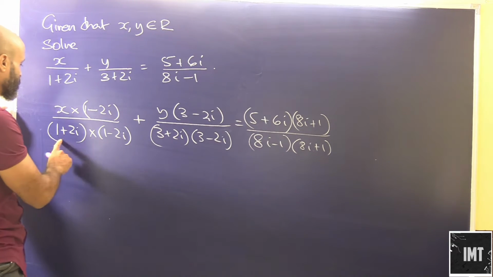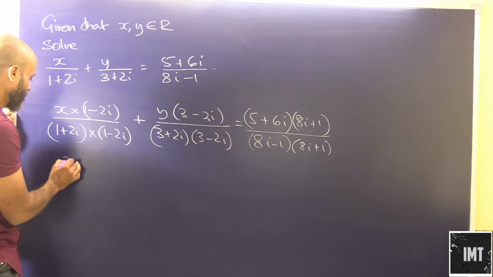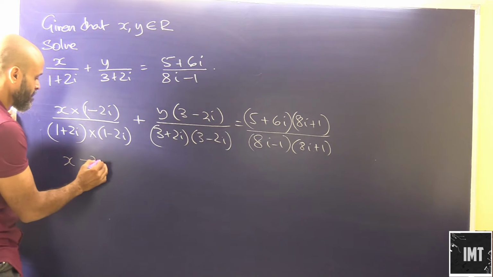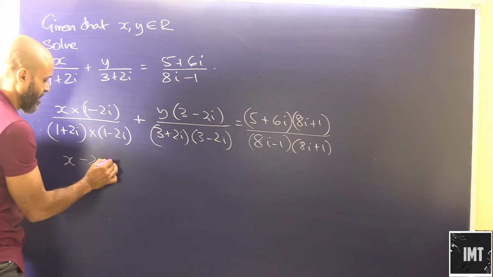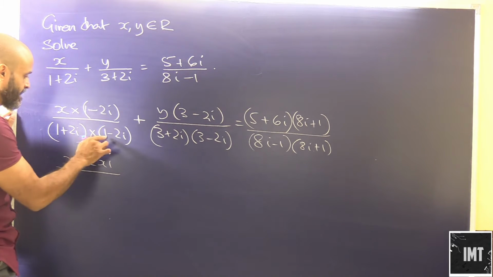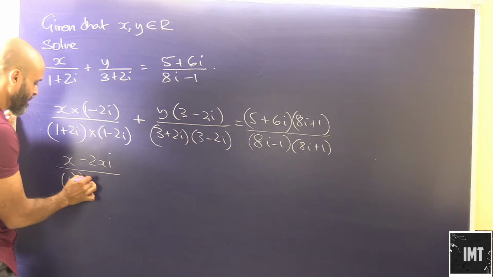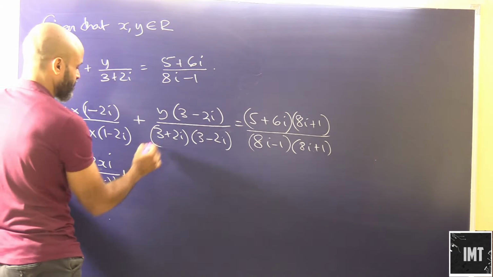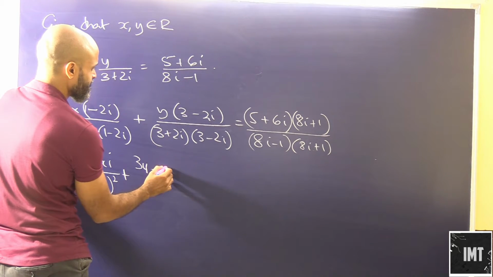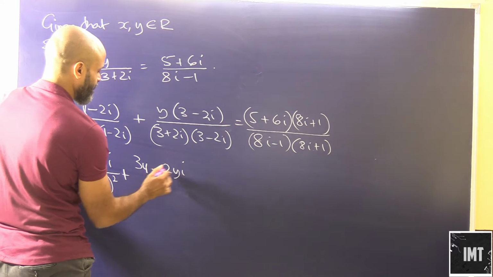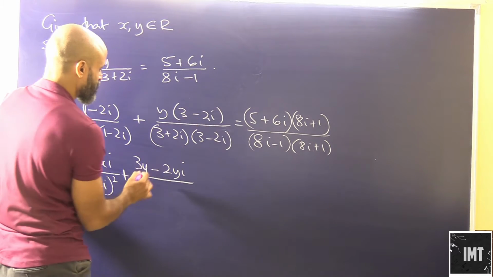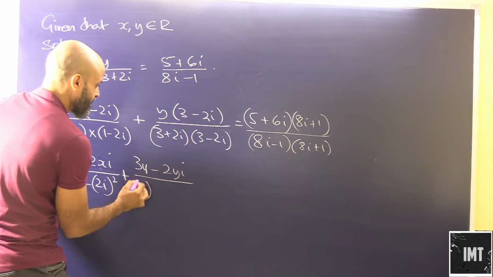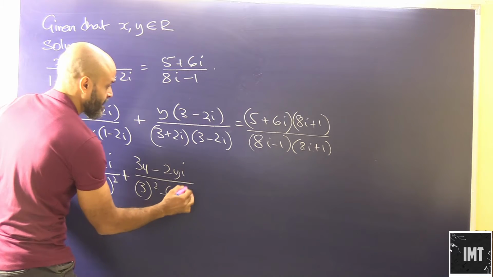Okay, so we will have x minus 2xi, here it will be 1 square minus 2i square, plus 3y minus 2yi, this will be 3 square minus 2i square.